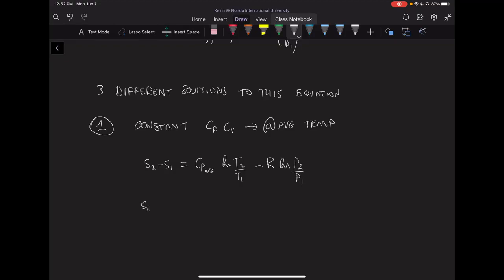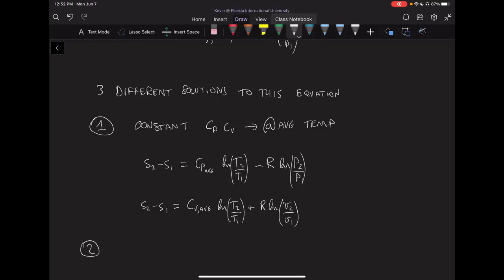And the second equation is S2 minus S1 equal to Cv average times ln of T2 over T1 plus R ln of V2 over V1. I'll put brackets around the natural logs so we don't get confused. It makes it very easy to solve with Cp average and Cv average. Now, this is not always the best way because we're using an average Cp.